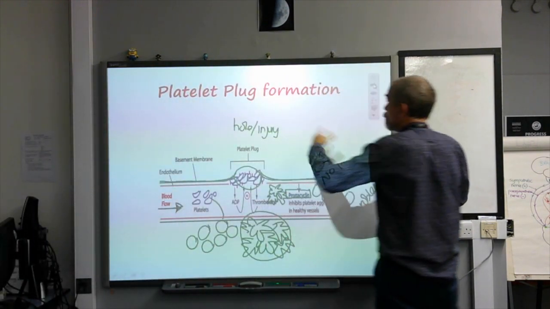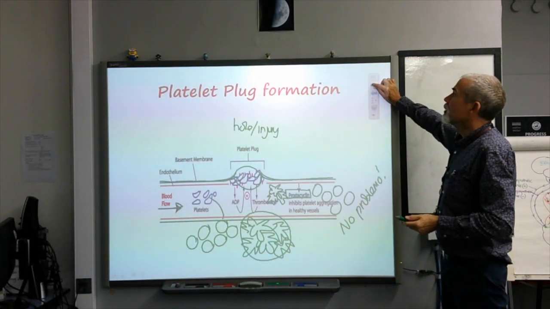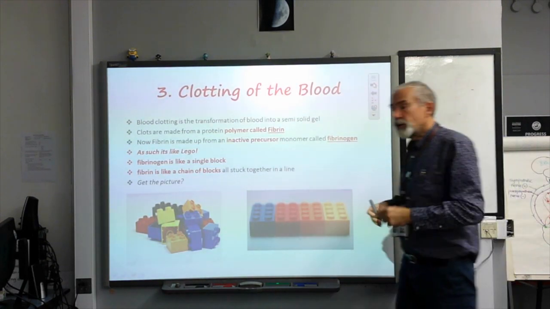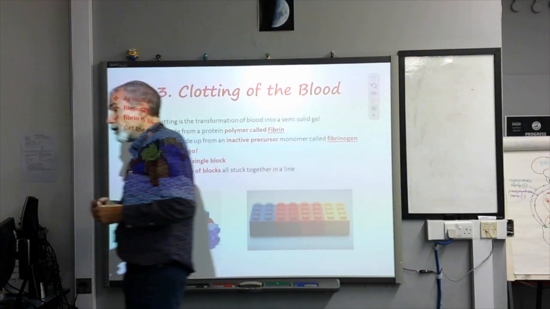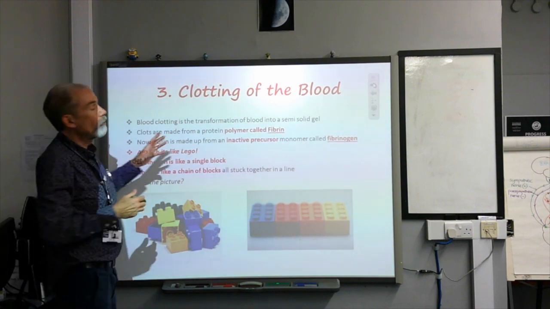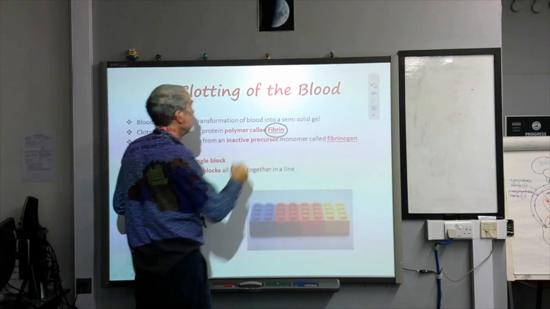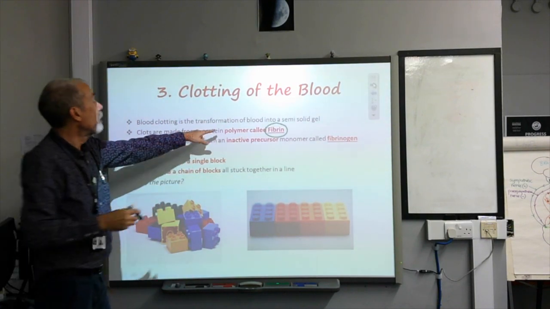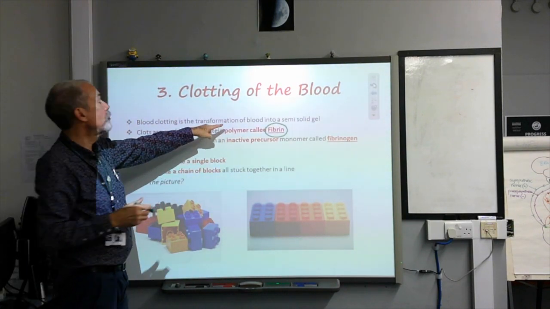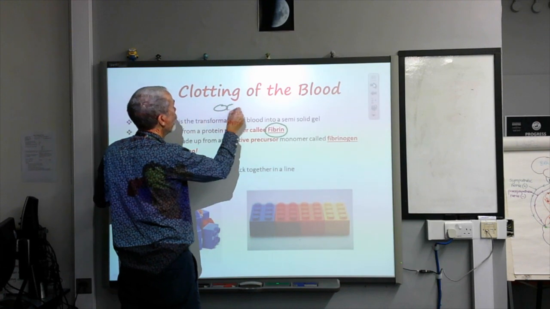Okay? So we've done stage 1, and we've kind of done stage 2. Let's look at stage 3. Stage 3 involves something called a polymer called fibrin. Okay? A polymer is simply the word that we use to describe a long chain.